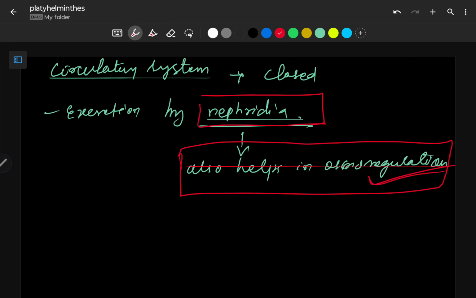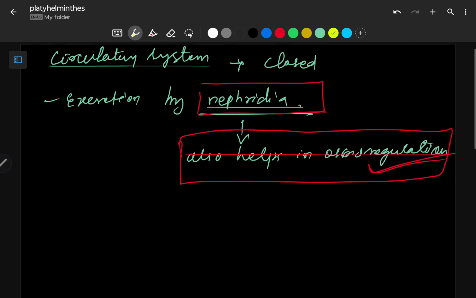Now come to the nervous system. So here you will see that some advanced form of nervous system is present.